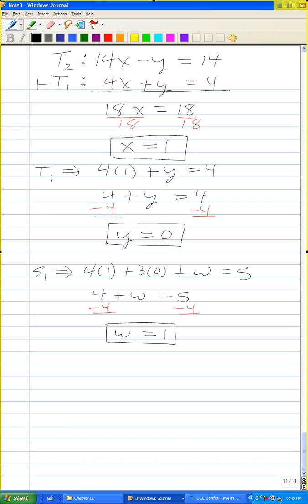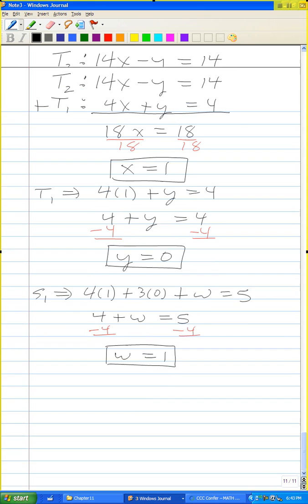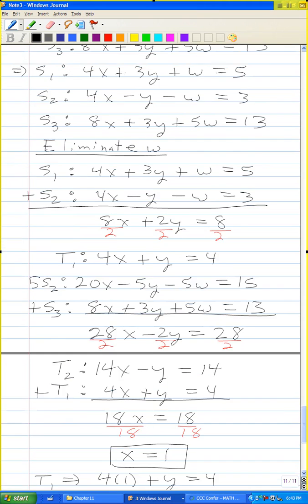And so let's figure out z, I guess. So I have x, y, w, but I didn't figure out z yet.